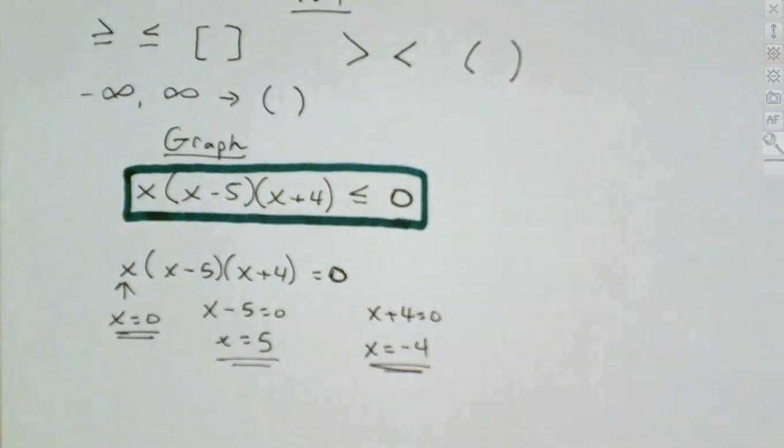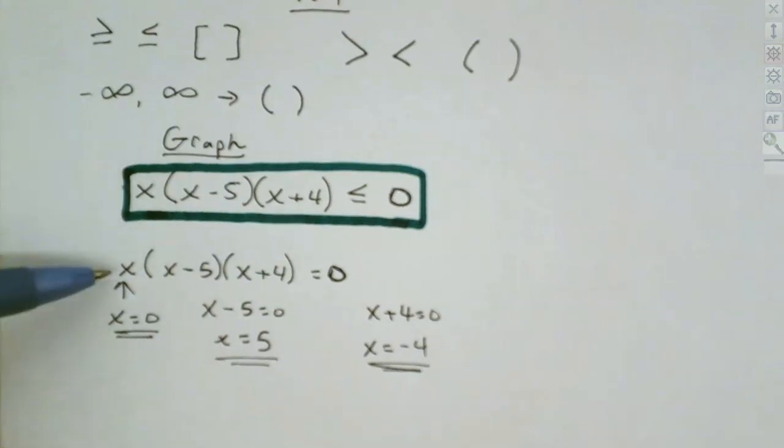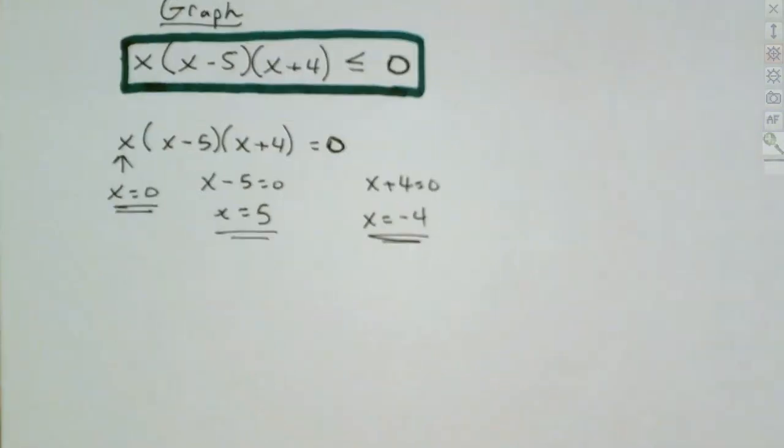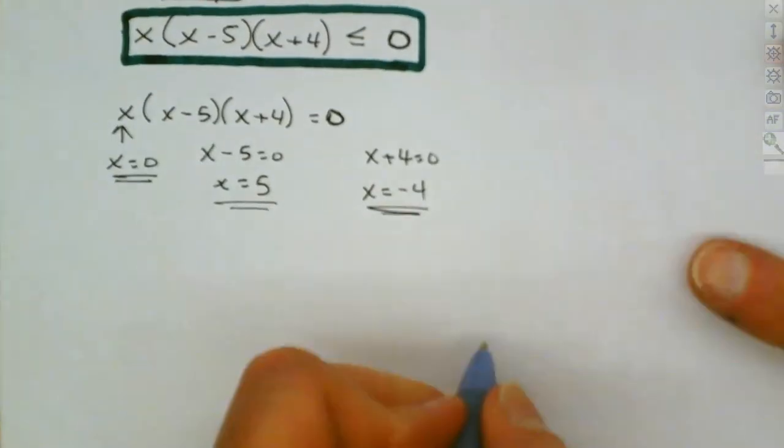Now, what do we know about inequalities? Inequalities have to go on the number line, and we have to shade. So we now need to put these on the number line, and then we're going to be checking them back in the original, the box part here. We set it to 0 and we factored. Now put them on the number line in the correct order.